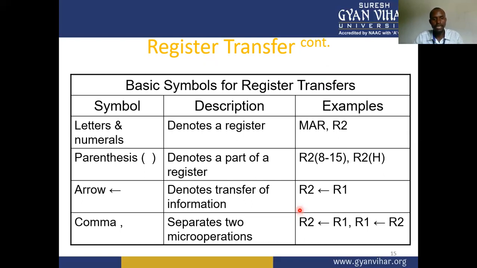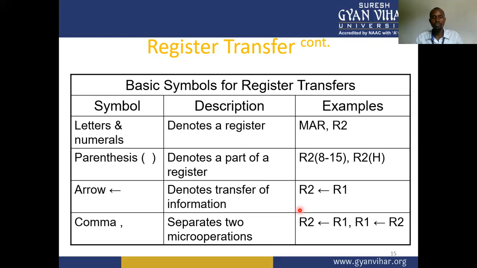We have letters and numerals. Whenever we have letters and numerals, they represent a register. Registers can be in capital letters, like we mentioned before, or capital letters and numerals. The first one we have is MAR, which means memory address register, and R2, which means register.